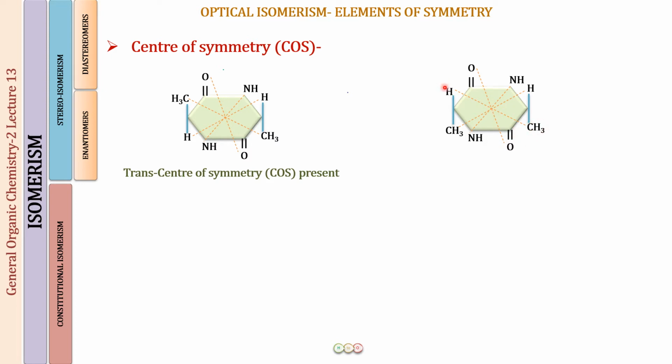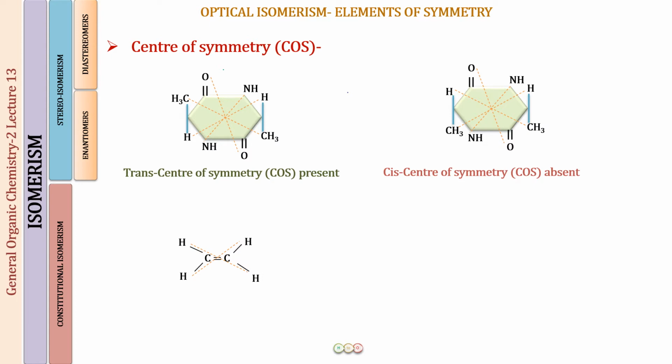Okay, and because they are going to be different groups from the center, this molecule will not be having a center of symmetry. Okay, so I hope this is clear to you people that in a trans compound you can see a center of symmetry, whereas in the cis compound you are not able to see that center of symmetry.